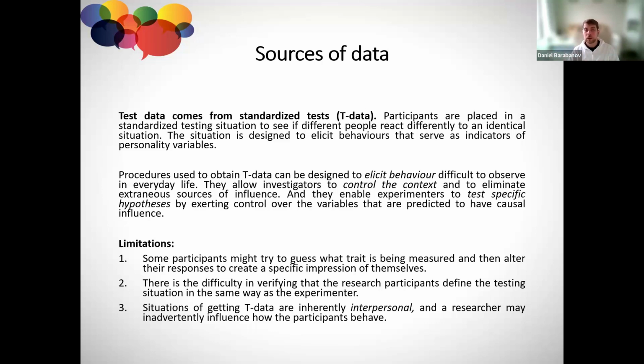But unfortunately, this source of data also has quite a few limitations. The first one: some participants, people who've been willing to complete the tests you give to them, might try to guess what trait is being measured and alter their responses on purpose. So the idea is that they want to seem different from who they really are due to really different reasons.